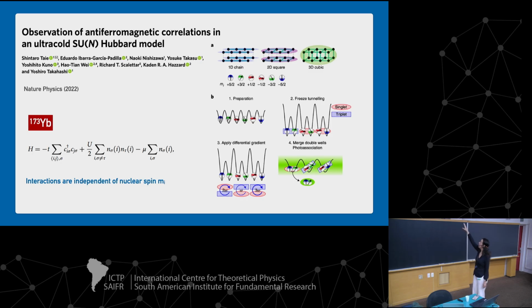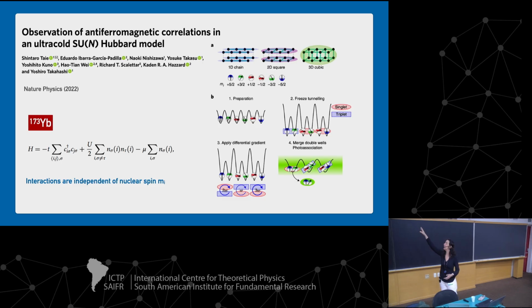So you can have 5 halves, 3 halves, 1 half, minus 1 half, minus 3 halves, and minus 5 halves. And they can separate, so they can use the 6, or only 2, or only 4, or only 3. And they do the modeling in the context of optical lattices and calculations of the SUN Hubbard model.